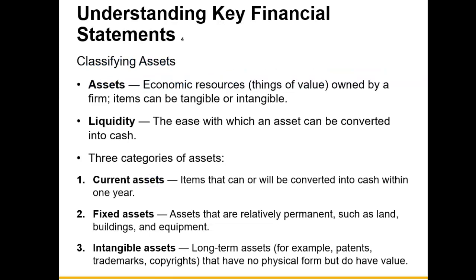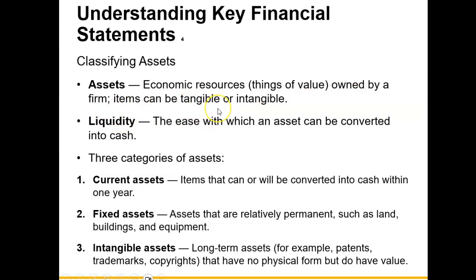Okay? So I know I asked this question and said to send me an email about it, but I'm going to get the answer to the question right here. So let's talk about assets. What are assets? Assets are economic resources, things of value that are owned, I want to say, or controlled by a firm.